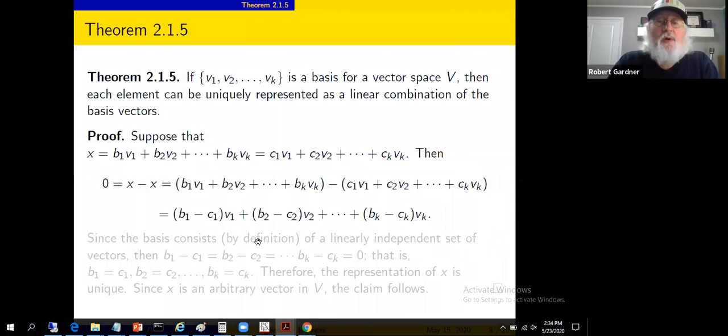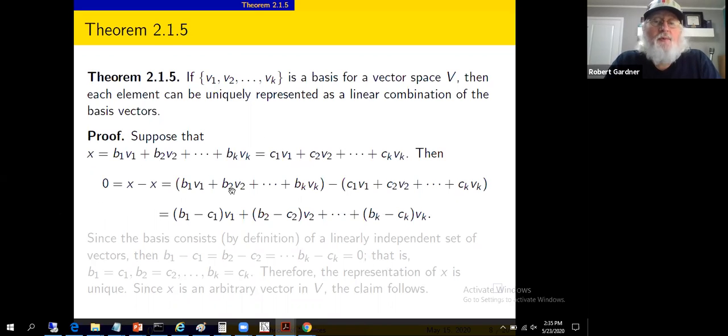Okay. Well, suppose vector x can be written as the linear combination with coefficients b1 through b sub k on this basis, and can also be written as c sub 1 through c sub k, a linear combination of these basis vectors. Well, very similar to what we did in the direct sum theorem we saw previously. If we take the difference, x minus x, that'd have to be the zero vector.